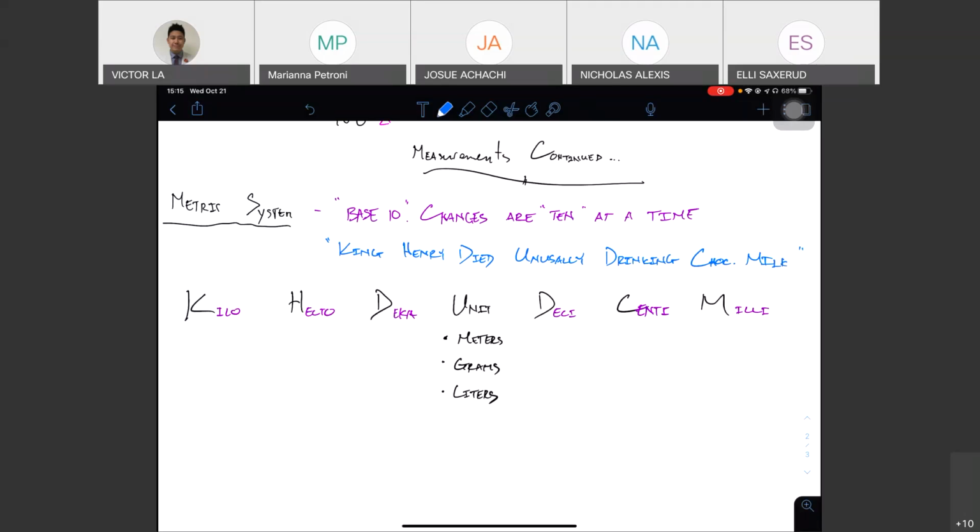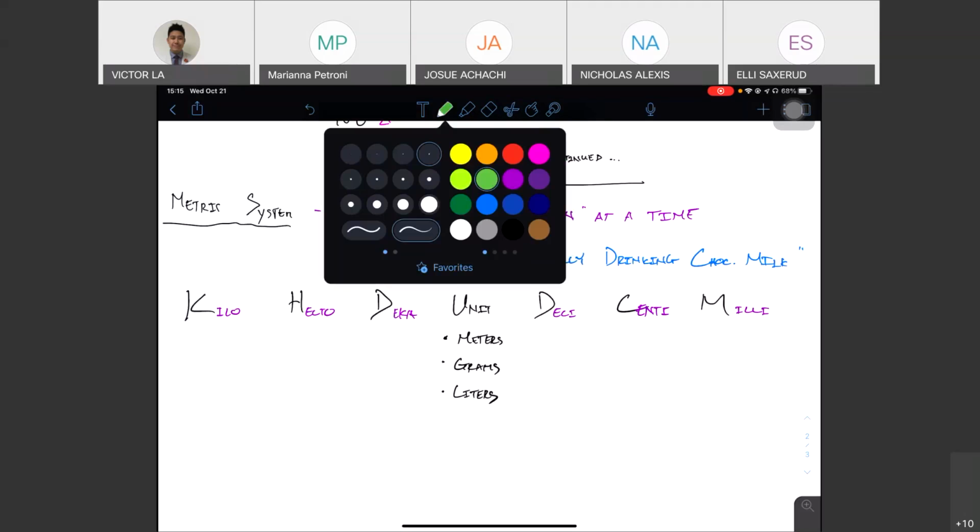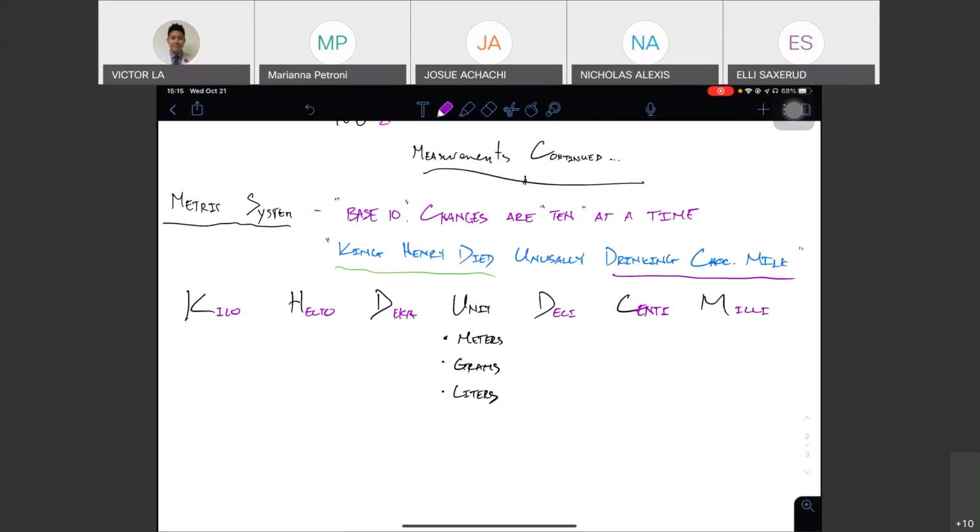It doesn't matter. The important thing is that you got the ordering right here. These 3 correspond with those 3, and then these 3 correspond with those 3. And the unusually part stands for your unit of measure, whatever you may be talking about, in this case, meters, grams, liters, right?